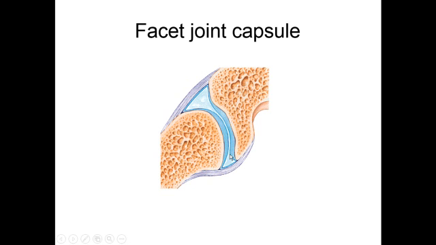And so what happens with an impingement, as we talked about earlier, is that the lining, the synovium in particular, and often the joint capsule portion as well, get pinched between the two surfaces of the facet joint. Now this happens far more often in the cervical spine than it does in the lumbar spine. And the reason for that is because we have this relatively long neck, and on top of it is sitting this big bulbous head.